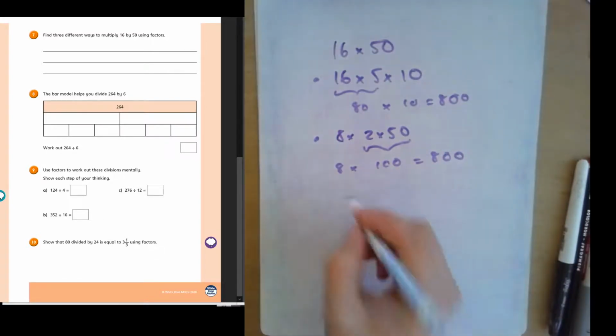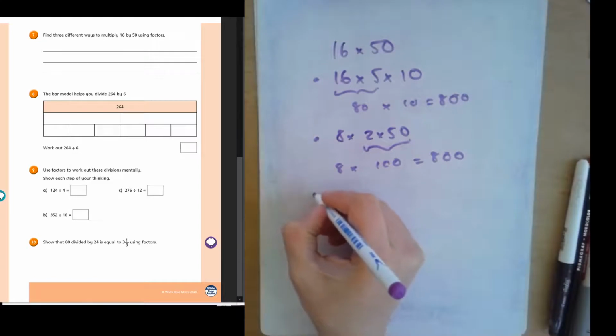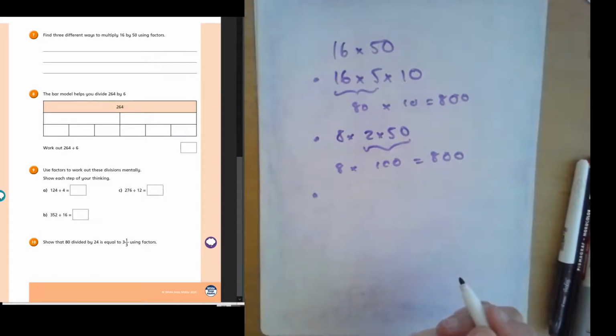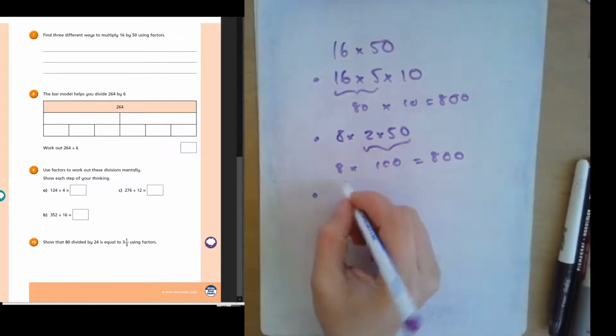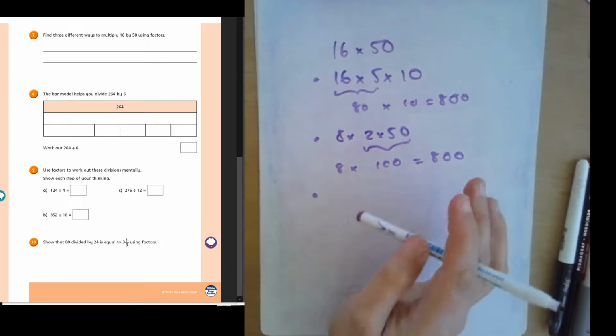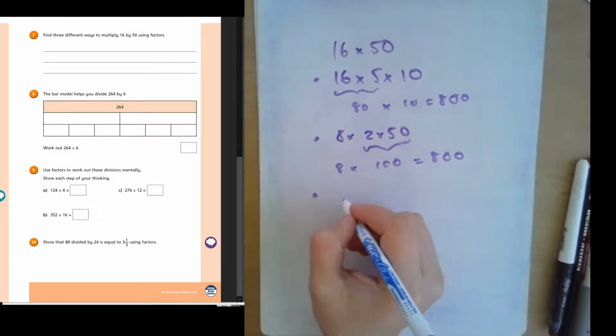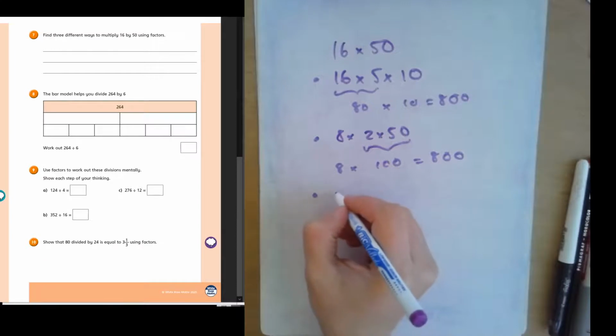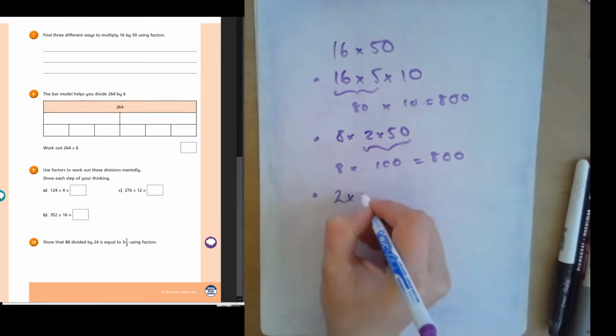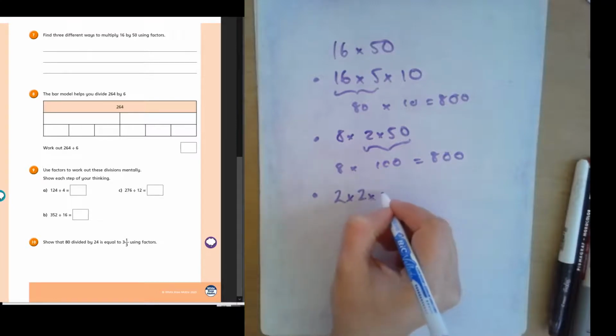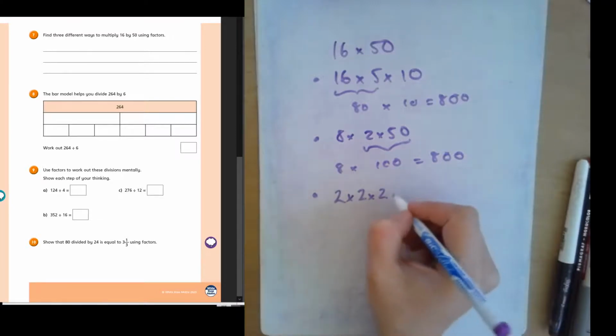Okay. Another way. Ooh, gotta think of another way. Okay, so I have 16 times 50. Ooh, there's another way of doing it. So I am going to completely break it down because I can. 2 times 2 times 2 times 2, okay?